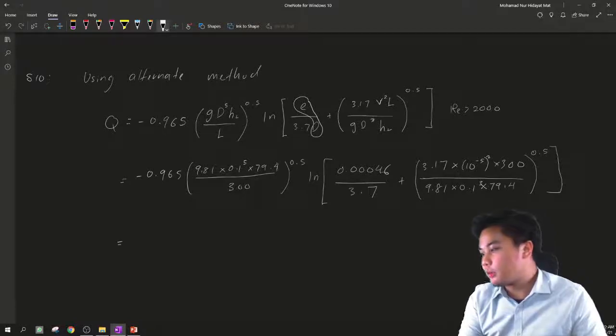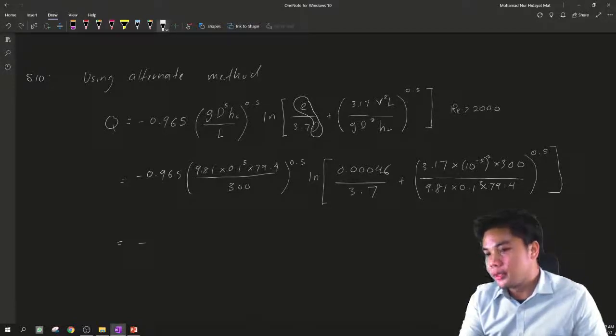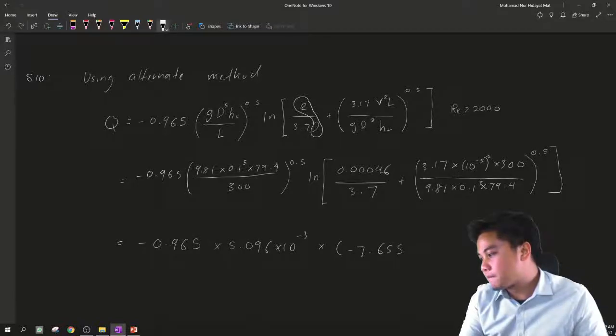So using your calculator, you will find that negative 0.965 multiplied by this one, which you solve to get 5.096 times 10 to the power of negative 3, multiplied by this one, which you solve to get negative 7.655. The final answer is 0.038 cubic meters per second.